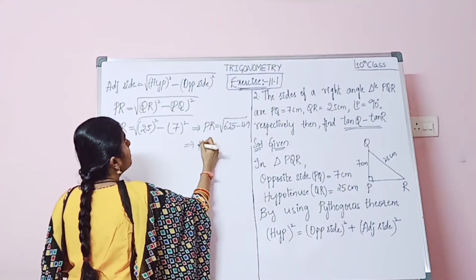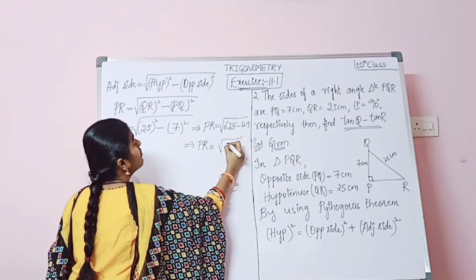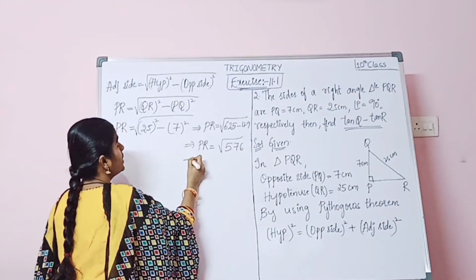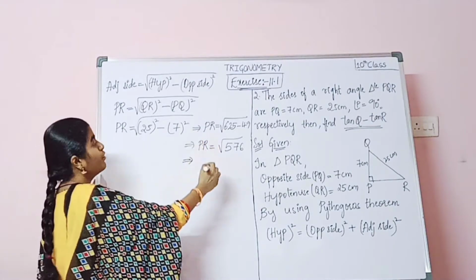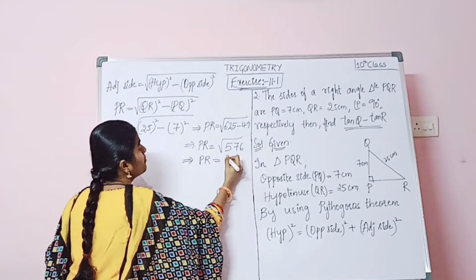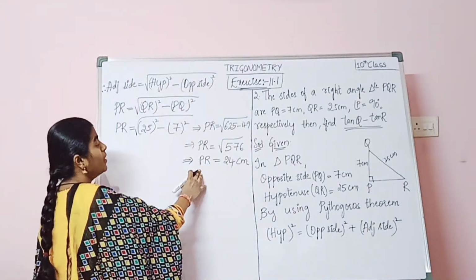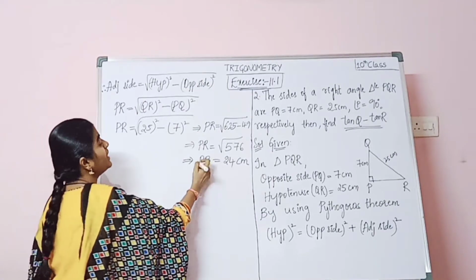So PR equals root of 625 minus 49. How much we will get? 576. PR equals root 576. The value of root 576 is 24. So now we got the PR value. The adjacent side PR equals 24 centimeters.